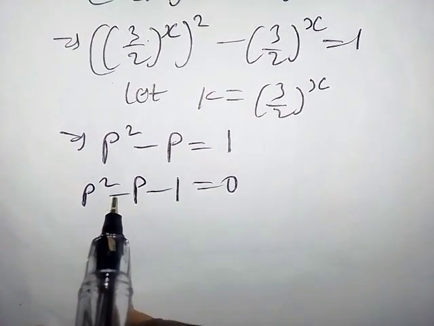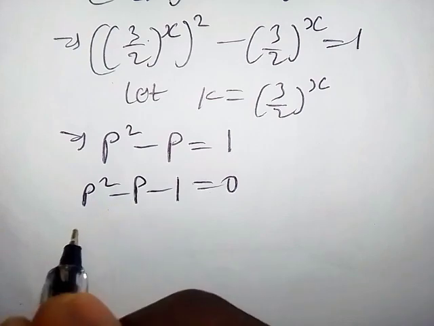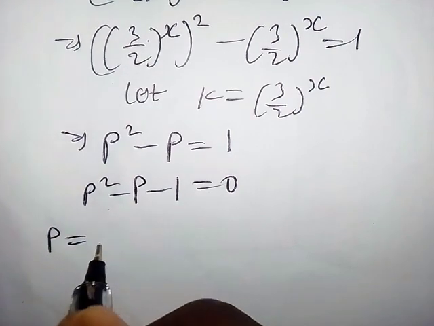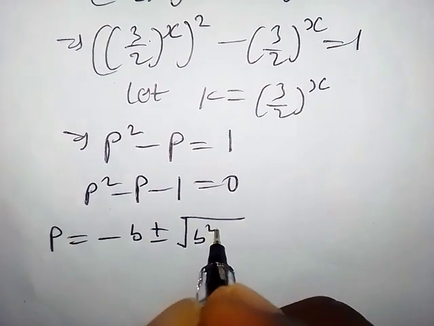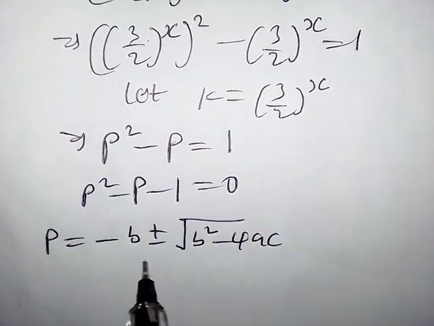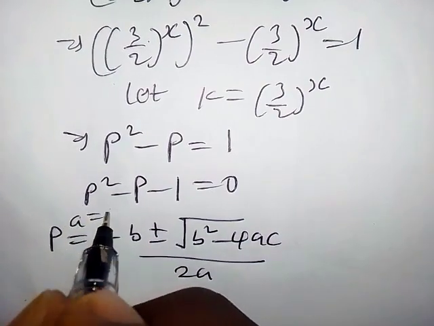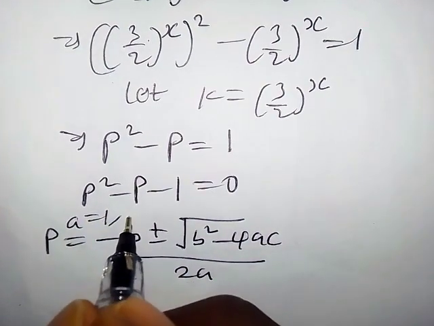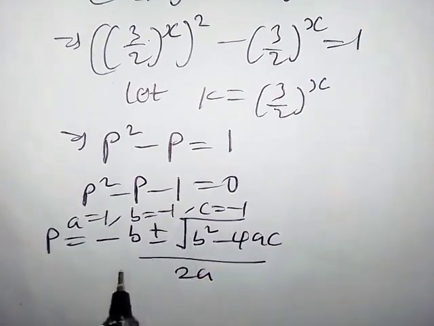But this is not factorizable. It's not factorizable, so we're going to use the quadratic formula. So p will be equal to minus b plus or minus square root of b squared minus 4ac over 2a. So the coefficient of p squared is 1, the coefficient of p is minus 1, and c will be minus 1 because it's just the constant.